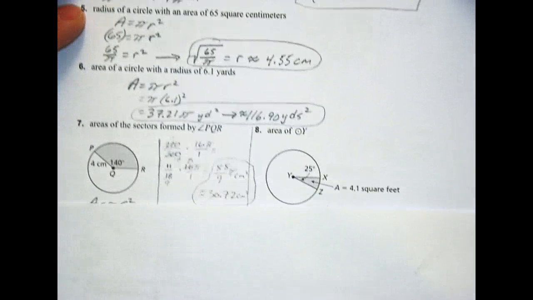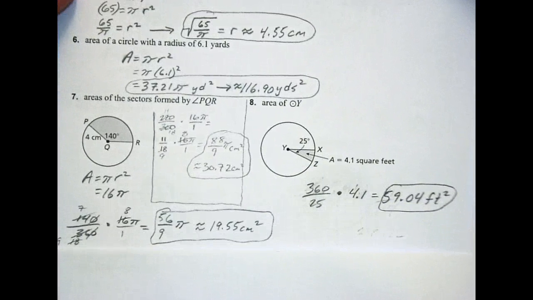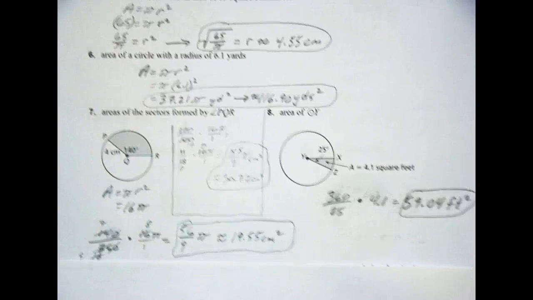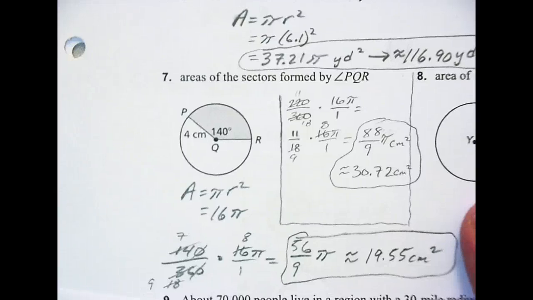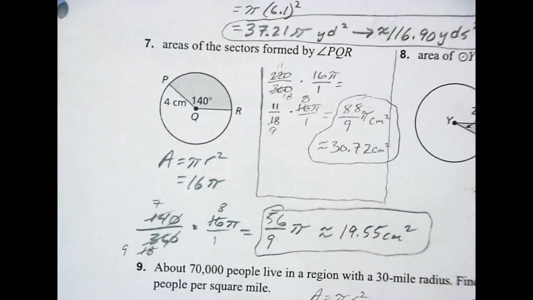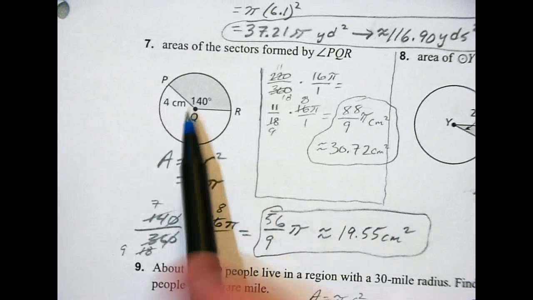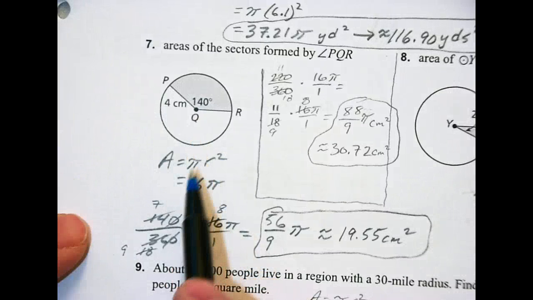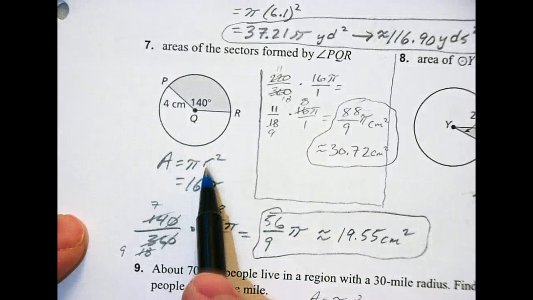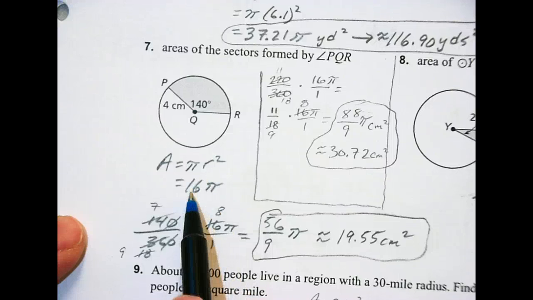So, number 7. See how we did here. Number 7, we're finding the areas of the sector. So to find the area of our whole circle, it's pi r squared, or 16 pi, right? We put 4 in for r. It's 16 pi.